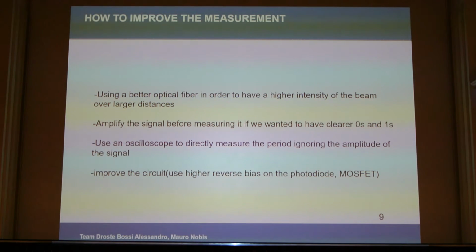Thirdly, we could use an oscilloscope to directly measure the period, ignoring the amplitude of the signal. And fourthly, we could change our circuit and redo it from scratch with a higher reverse bias on the photodiode and using some MOSFETs instead of BH80, because with these they are faster and have a higher sensitivity.